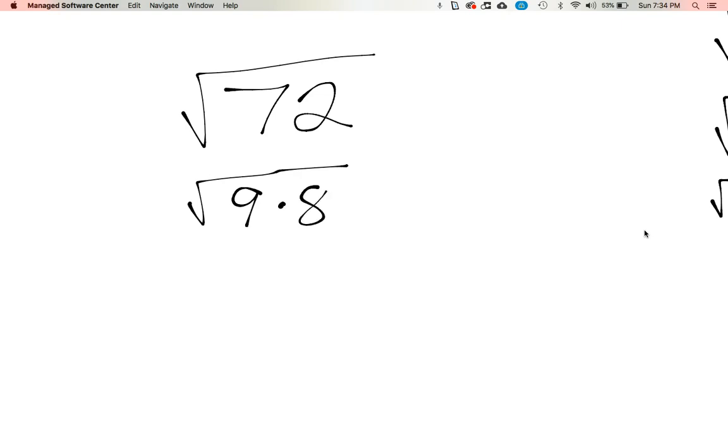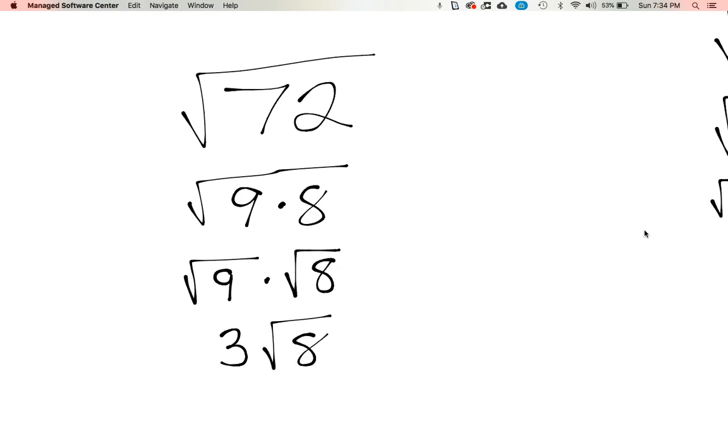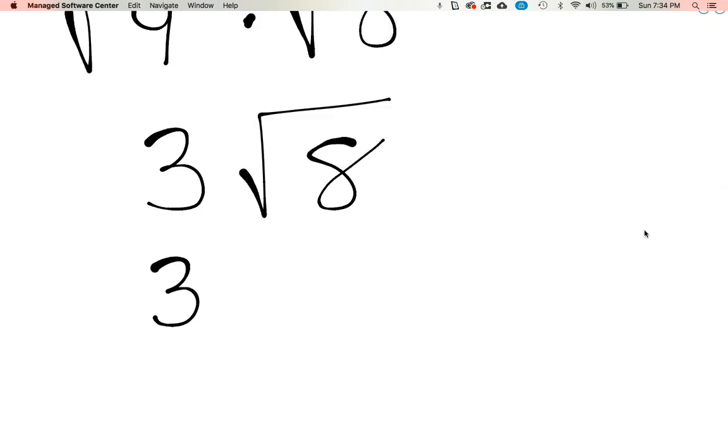And you would be right. But you did not simplify it all the way. Because what is still inside that 8? Another 4.